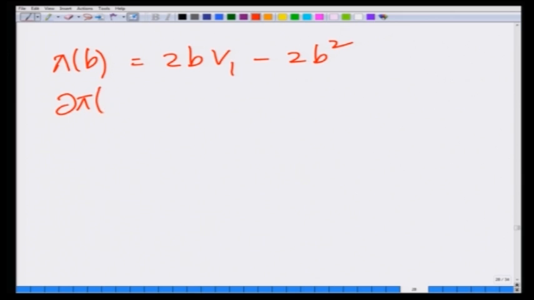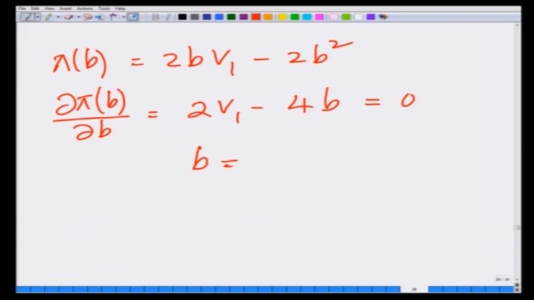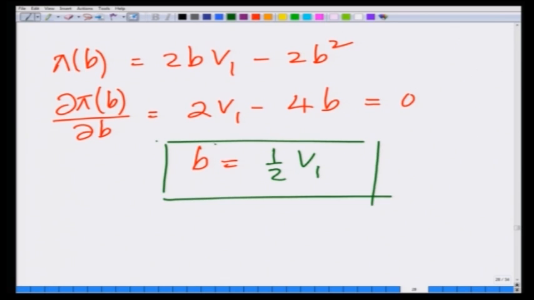Therefore, dou pi of B by dou B equals twice V1 minus 4 times B, which we equate to 0, which gives us the result that B equals half V1. That is, the best response bid B star is equal to half V1.